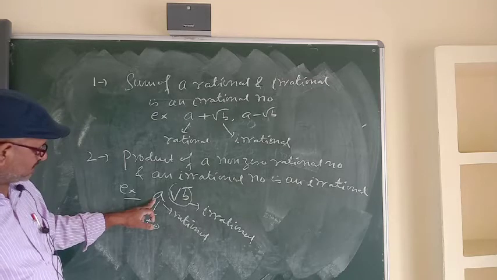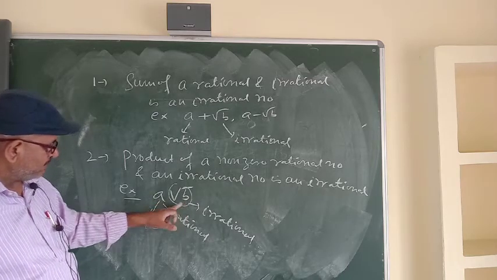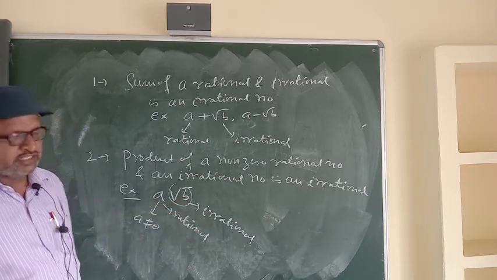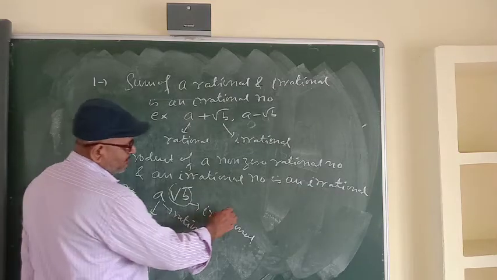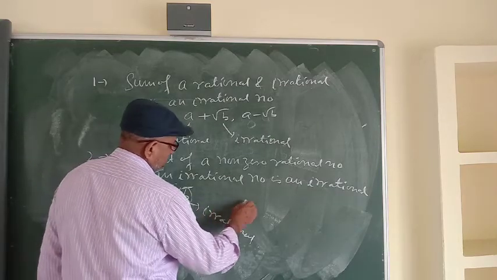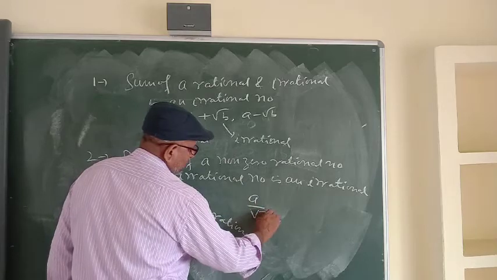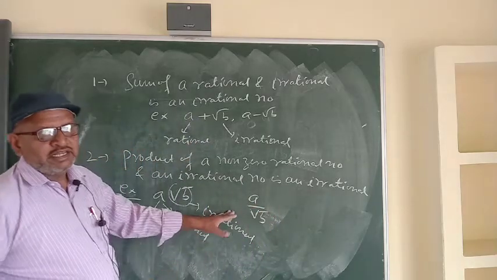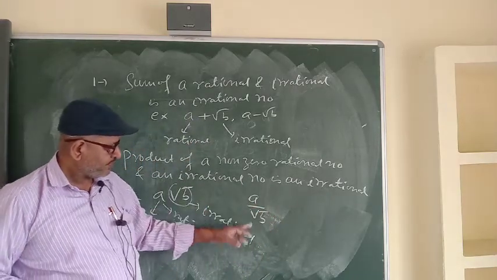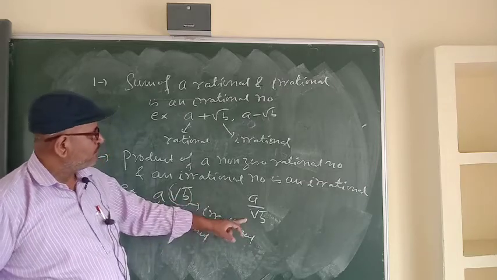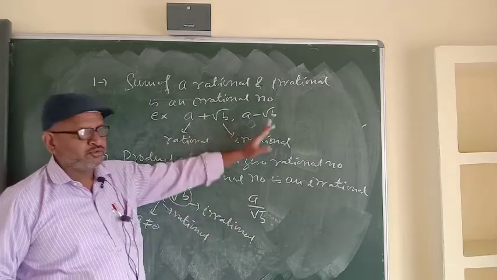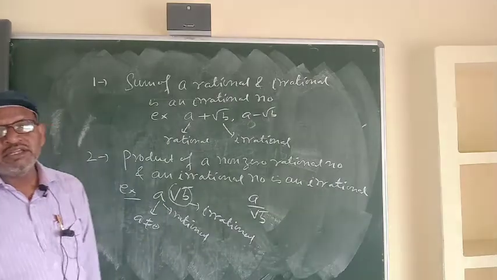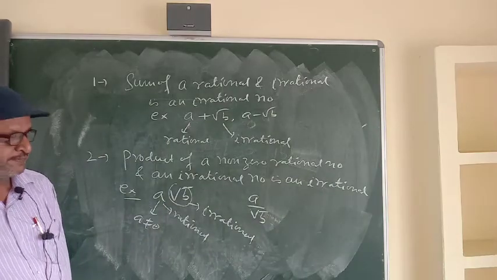So the product of a non-zero rational number and an irrational number will be irrational. Their quotient will also be irrational: a upon root b. So a root b, a upon root b, a plus root b, a minus root b, these types of numbers are irrational numbers.